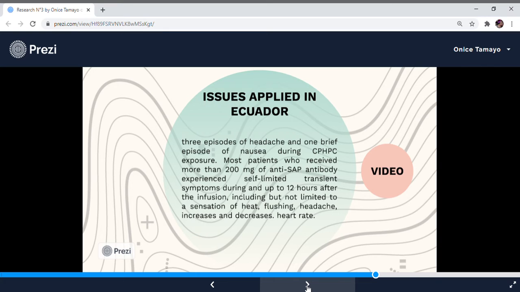Most patients who receive more than 200 mg of anti-SAP antibody experience self-limited transient symptoms during and up to 12 hours after the infusion, including but not limited to sensations of heat, flushing, headache, and increased and decreased heart rate.